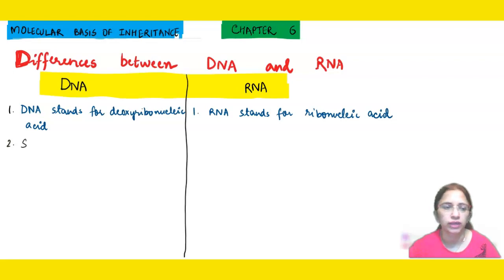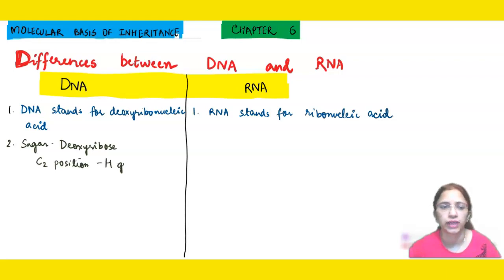So we are talking about the sugar in DNA, and it is deoxyribose, because of which DNA has got its name deoxyribonucleic acid. So deoxy is specifically because of the sugar, right? And the deoxyribose sugar at its C2 position, which group does it have?